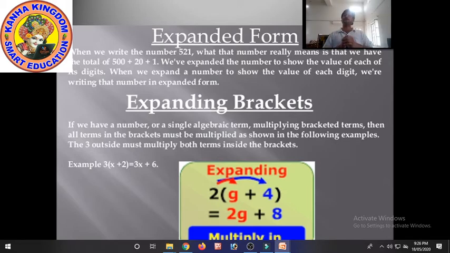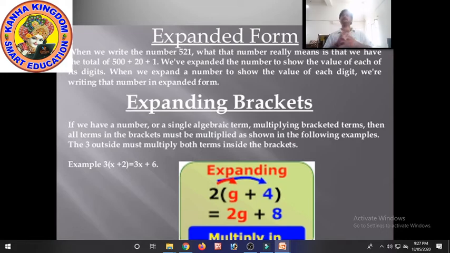Now I will tell you about expanding brackets. In expanding brackets, if any number is multiplied by some terms, how do we expand it? Now understand: if we have a number or a single algebraic term multiplying a bracket term, then all terms in the bracket must be multiplied, as shown in the following example.